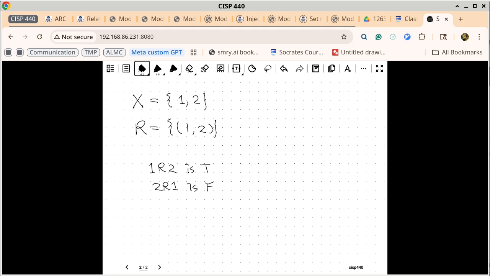It does not say that 2 relates to 1. It is not automatically going in the opposite direction. We can also say that 1 R 1 is false. 1 does not relate to 1, and then 2 R 2 is also false because 2 does not relate to 2.